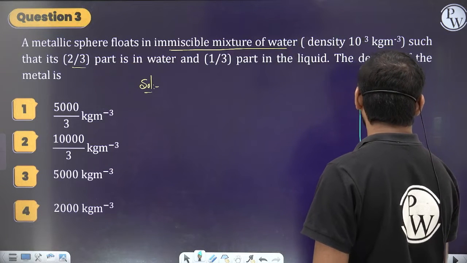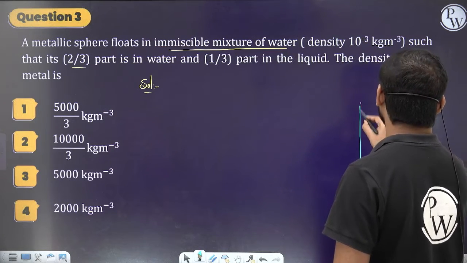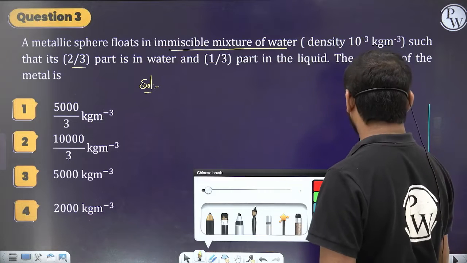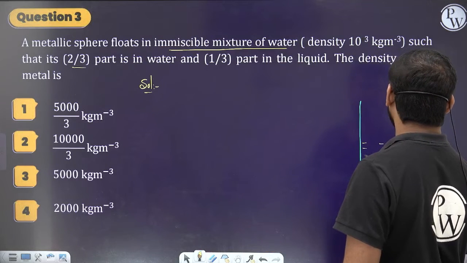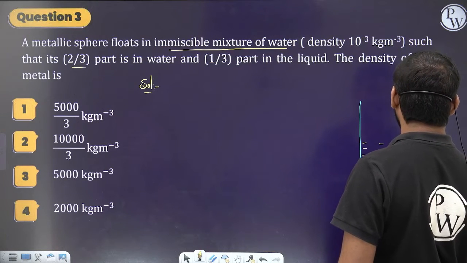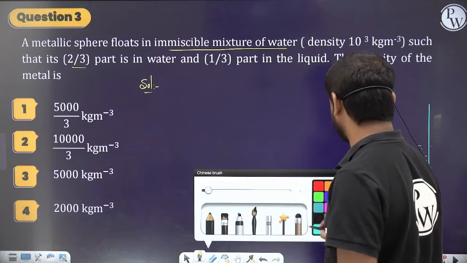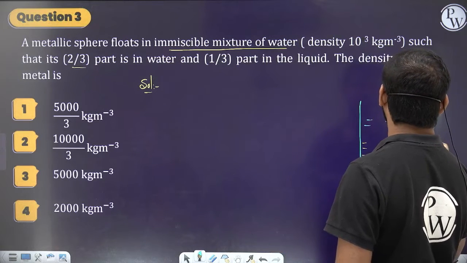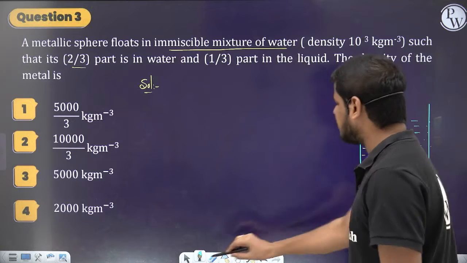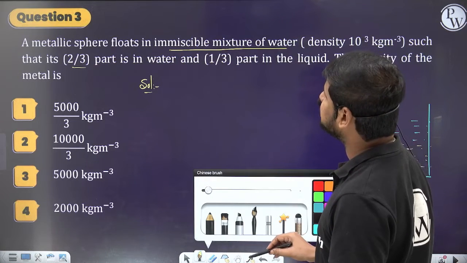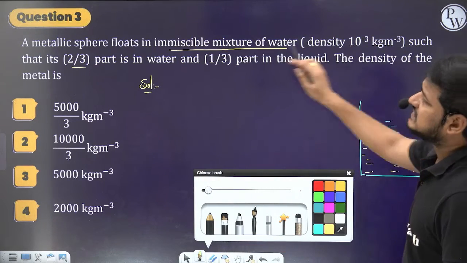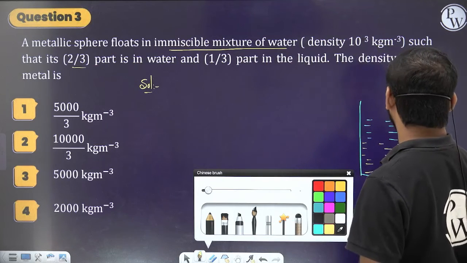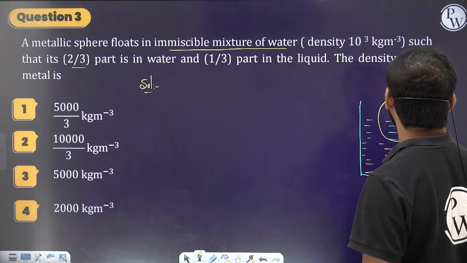Let's say this is a container. In this container there are two liquids. One is some unknown liquid, the other one is water. So consider this is water. Now the sphere is there in such a way that its 2/3 part is in the water. Let me take a sphere here.